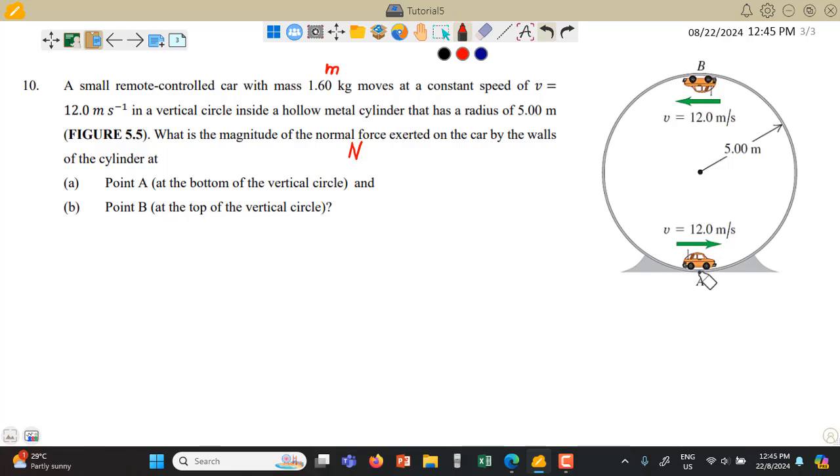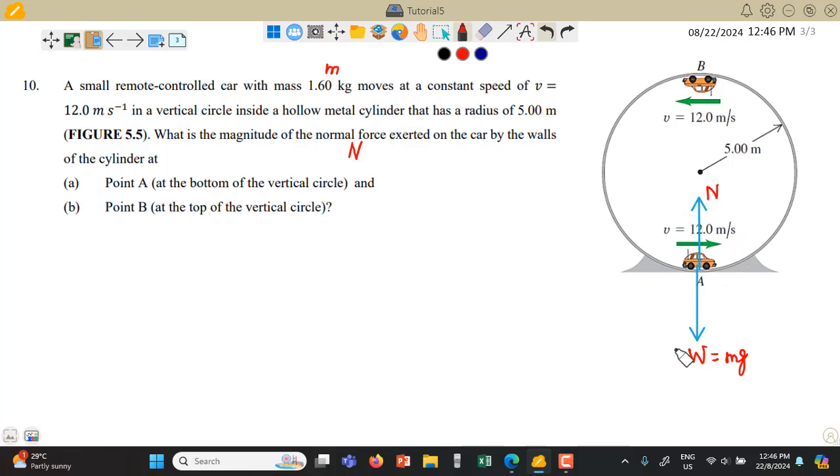So at point A, because the car has mass, for sure the car is going to have weight acting downwards. So W equal to mg is acting downward, and then the car is in contact with the surface. So perpendicular to the surface, we are going to have normal force acting.